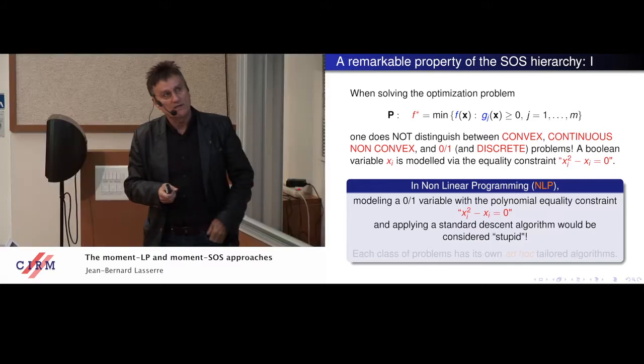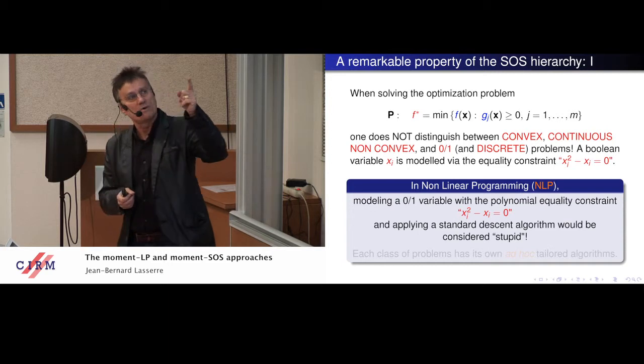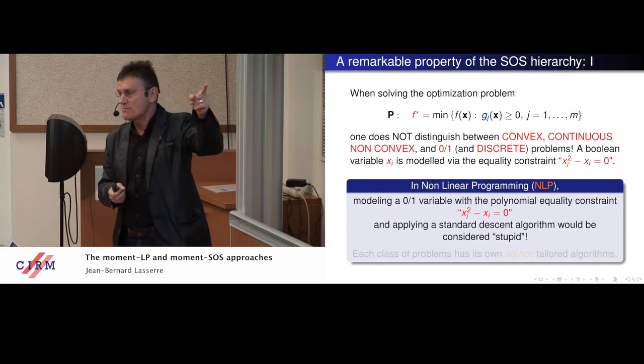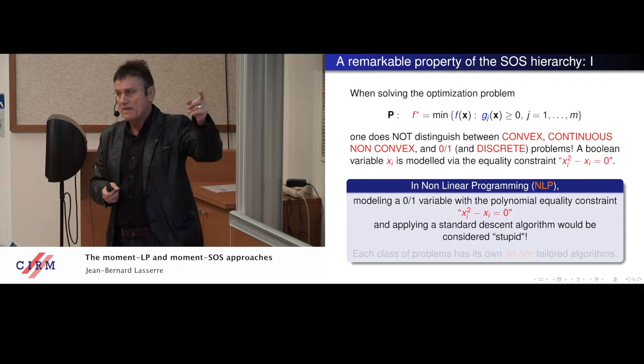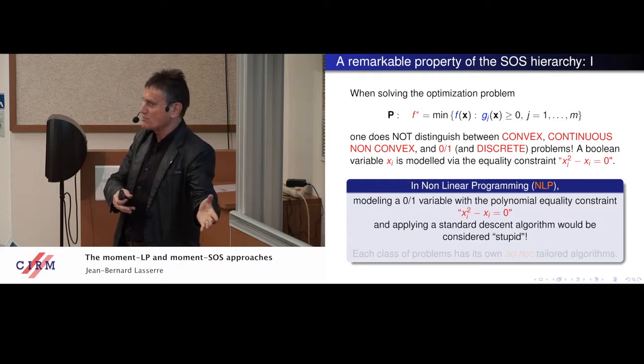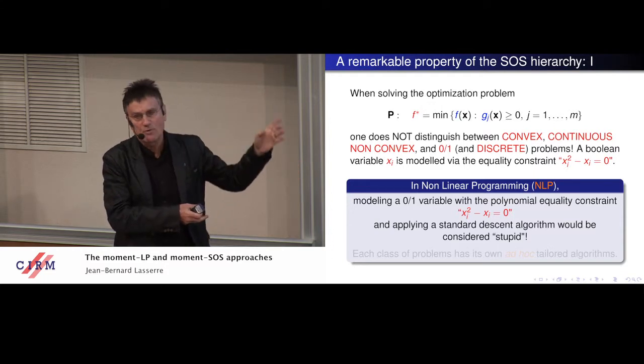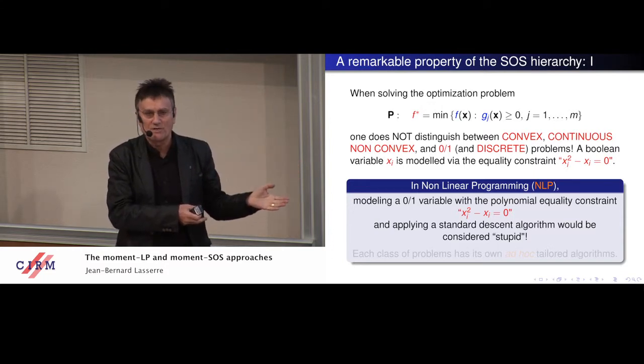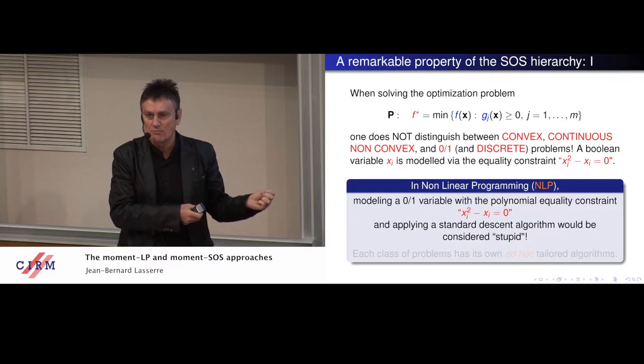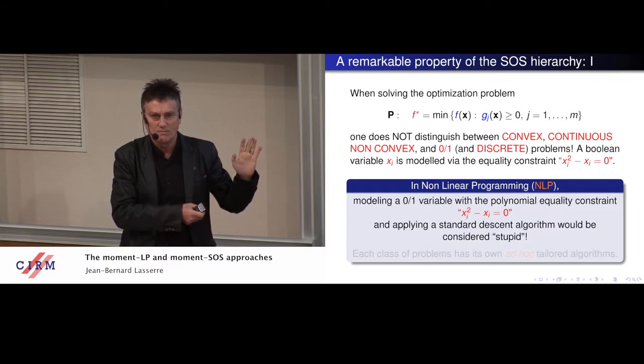In nonlinear programming, if you have a constraint of this form, and you describe your constraint like this, and then you say, okay, now I have my toolbox of descent algorithms. If you would use a descent algorithm with such a constraint, people would laugh at you because they would tell you immediately that this is not a good way of solving your problem. They would tell you, this is a discrete problem. Don't use the descent algorithm.